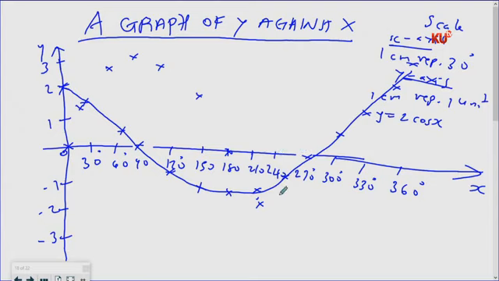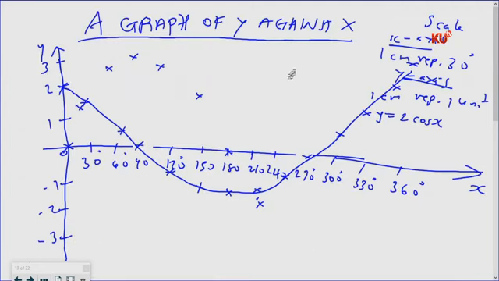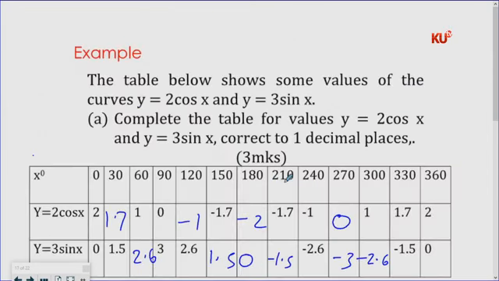240. When x is 240, it's here. When x is 240, y is equal to negative 2.6. Negative 2.6, where is that 2.6? Just a minute. Negative 2.6 is here.